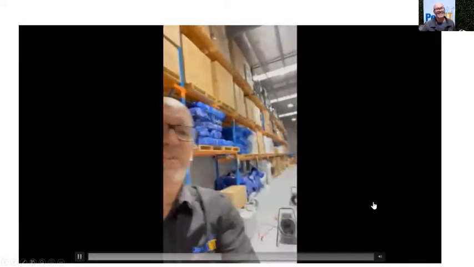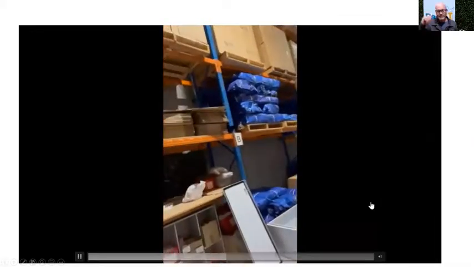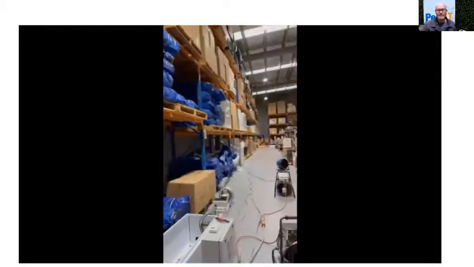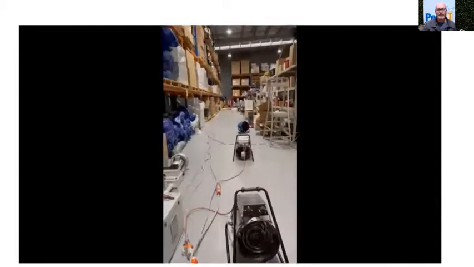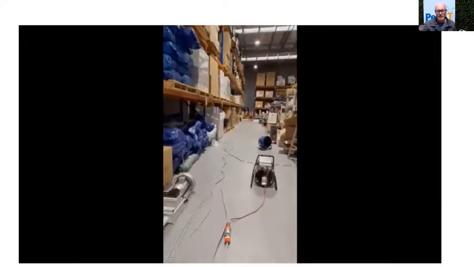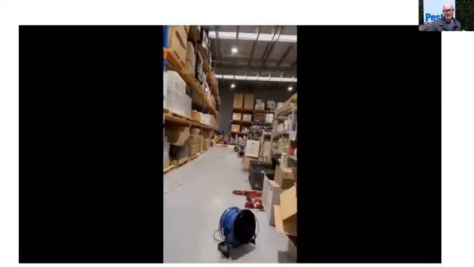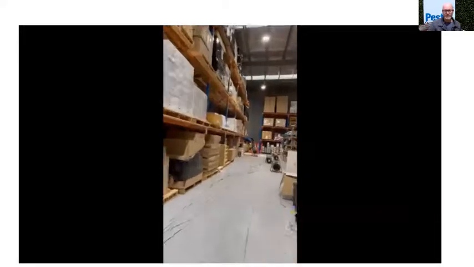So I'm just going to quickly show you through this process. So this is essentially the PestIT warehouse. And then right here are our heaters. These are 9 kilowatt heaters, and they're strategically placed throughout our warehouse, as are a bunch of fans.